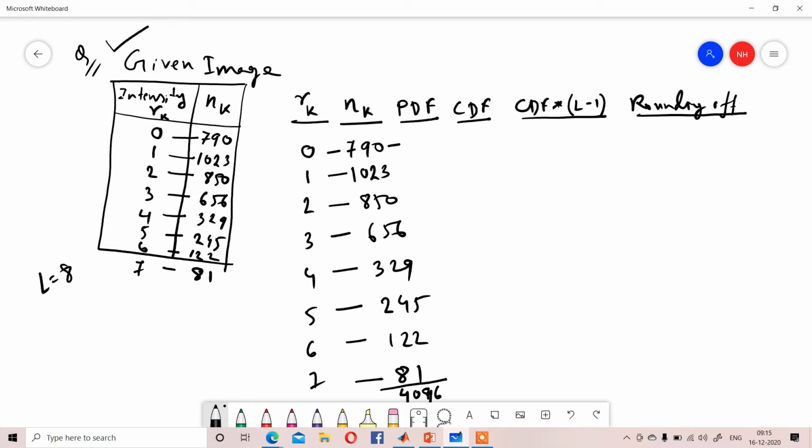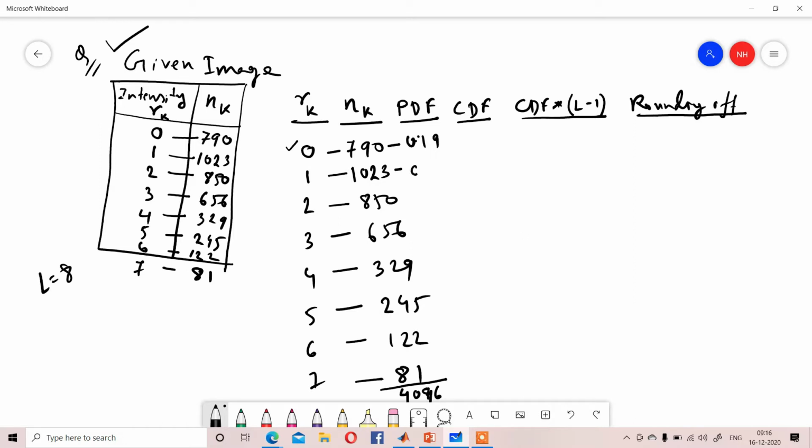Okay, so that is your total frequency, and the PDF for this value will be 790 divided by the total frequency, and it will be 0.19. I am writing the data as I have got it; the data may vary a little bit, you can check it.